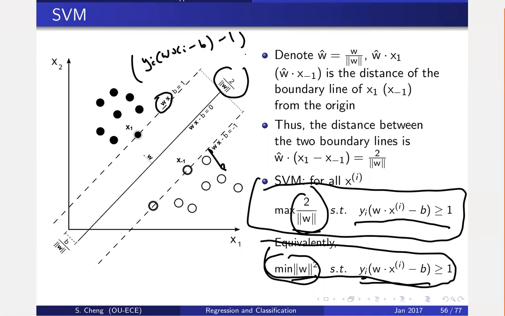I have this thing here. That condition is going to be multiplied by my Lagrange multiplier, alpha i.